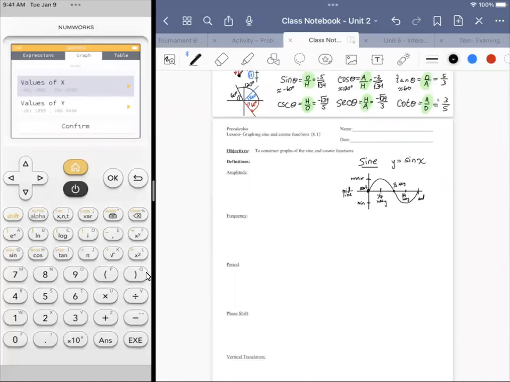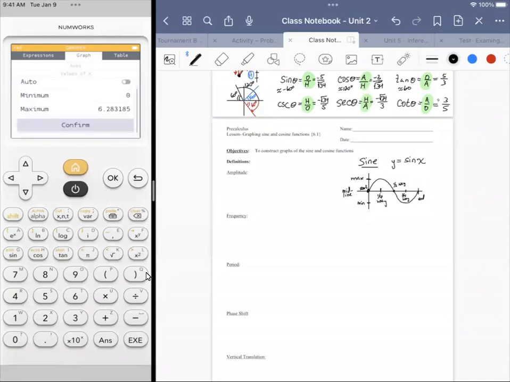My values of x should go from not negative 491 to 491. We want to start and end our graph at 0 and 2 pi respectively. So 0 and 2 pi, it's going to convert it over to decimal form, but that's all right.